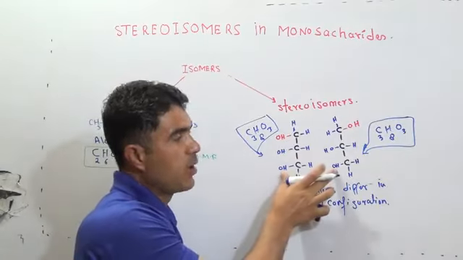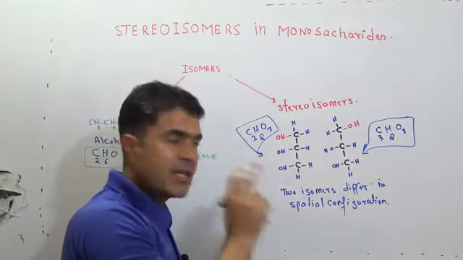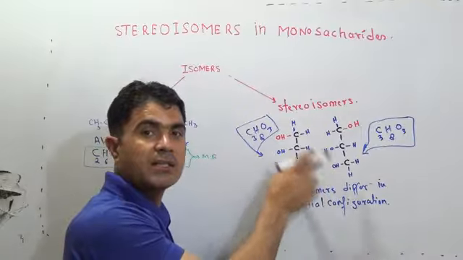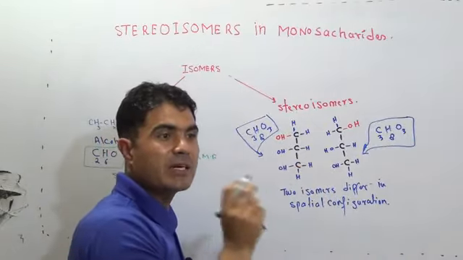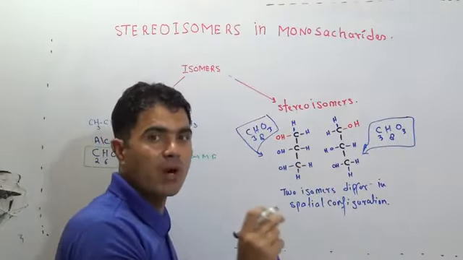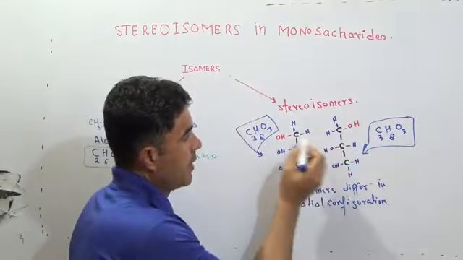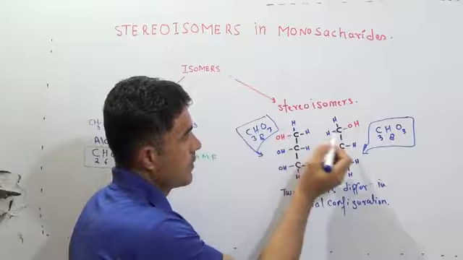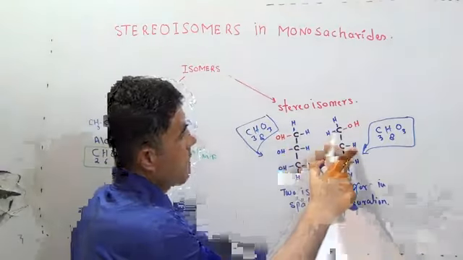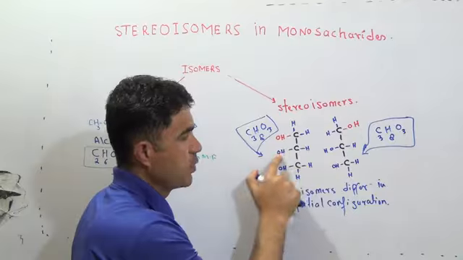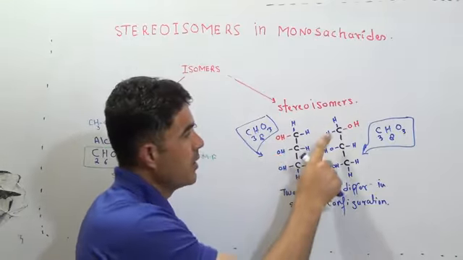So such compounds which have the same molecular formula, same structural formula, but they still differ in what comes here. If you see here, H on the right, H on the right, OH on the left, OH on the left, same.